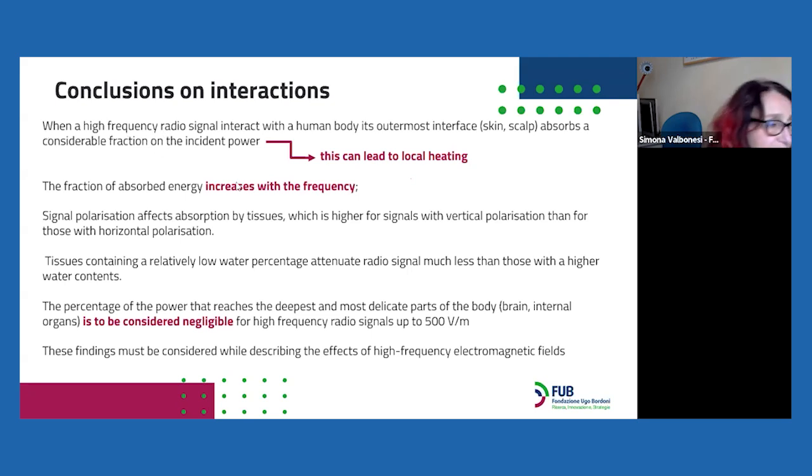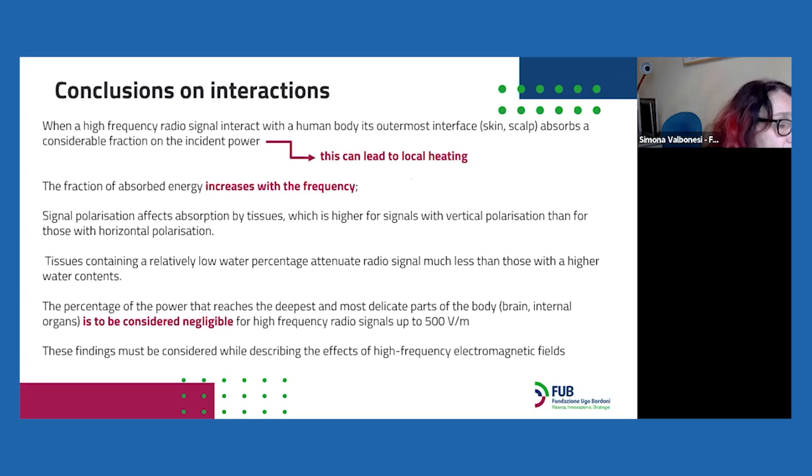When a high frequency radio signal interacts with a human body, its outermost interface, skin, scalp, absorbs a considerable fraction of the incident power, and this can lead to local heating, which can have an effect.